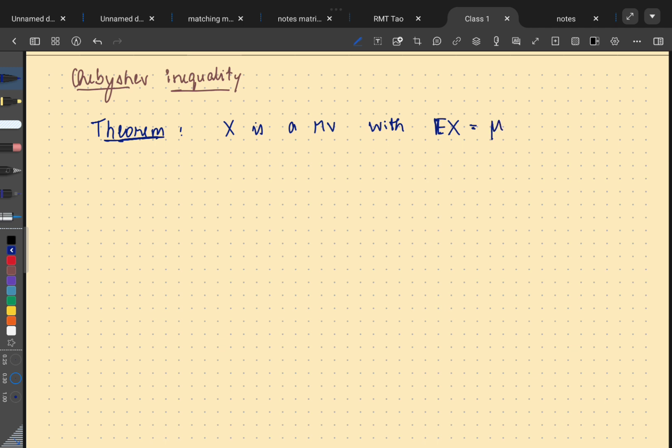The expected value of X is equal to mu, which we assume is less than infinity. Could be positive, negative, doesn't matter. And the variance of X is sigma squared, which is also less than infinity. Higher order moments may or may not exist.